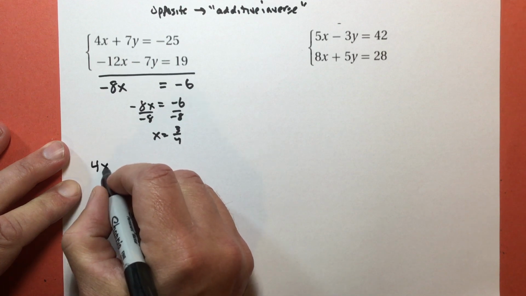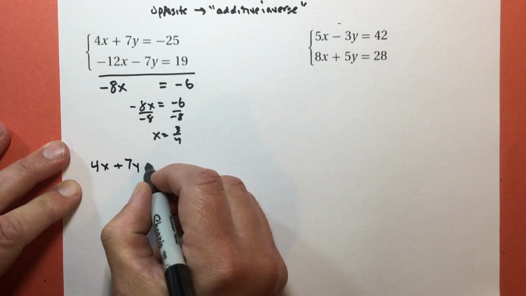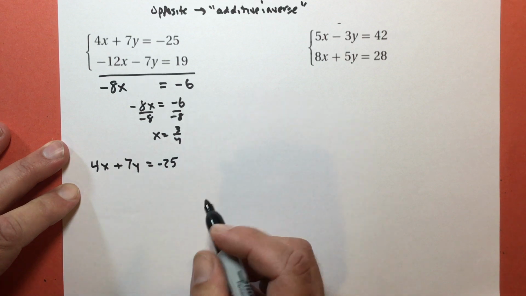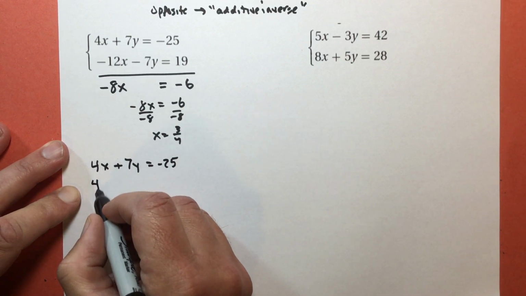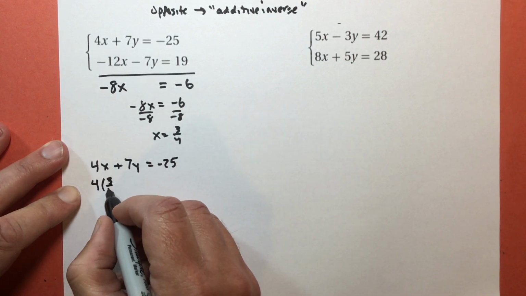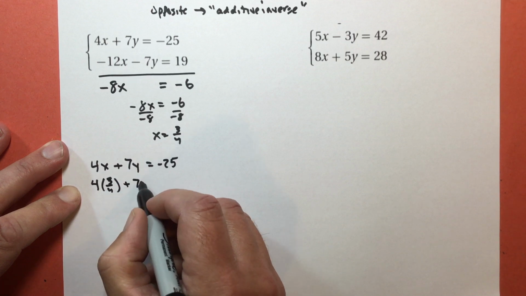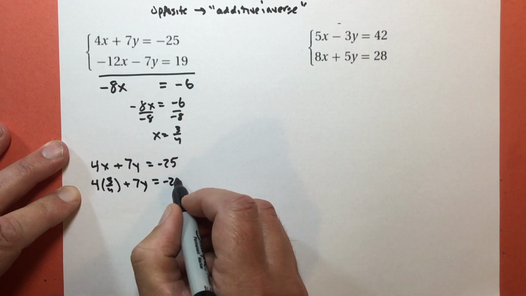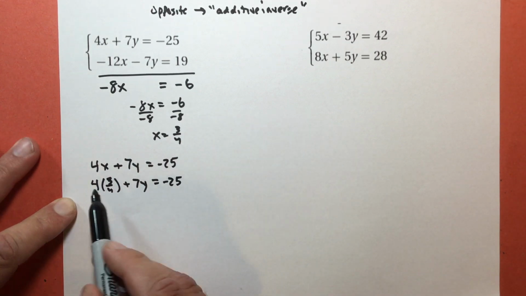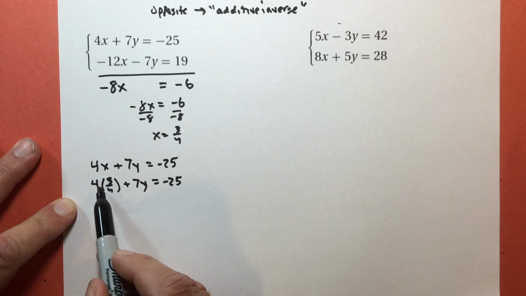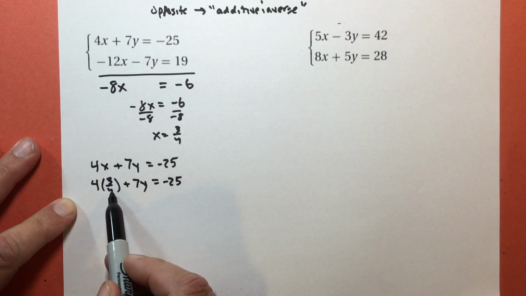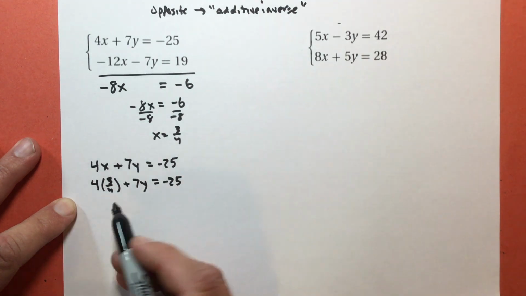So we got 4x plus 7y equals negative 25. This is 4 times 3/4 plus 7 times y equals negative 25. Now, 4 divided by 4 equals 1. By the way, those are called multiplicative inverses, 4 and 1/4, just like additive inverses.